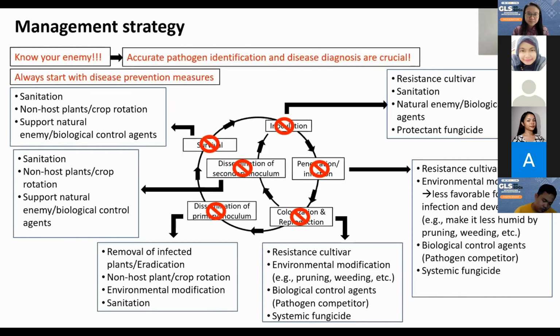Okay, so this approach ideally needs to be implemented in combination, or all together, to get more effective and more sustainable results.